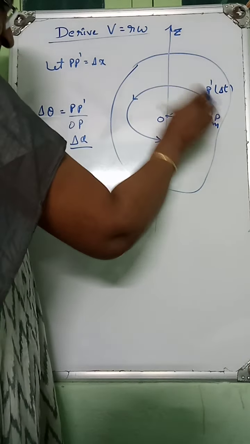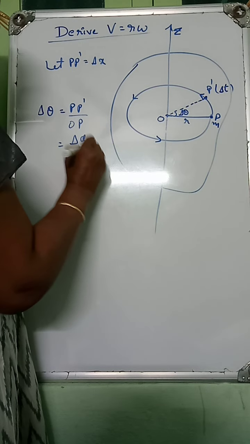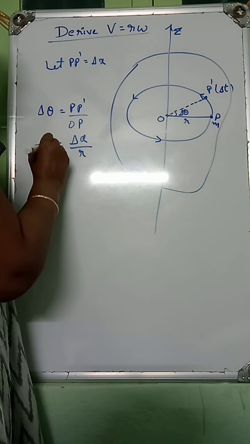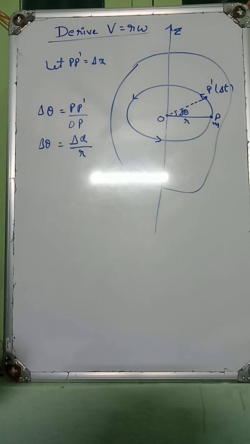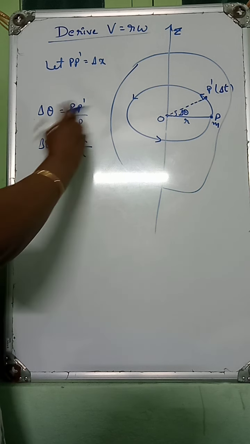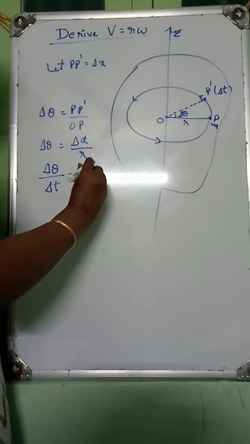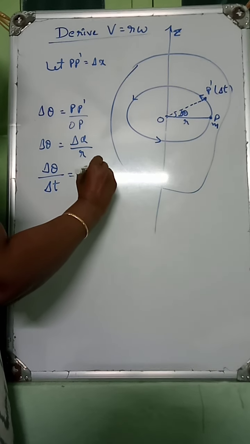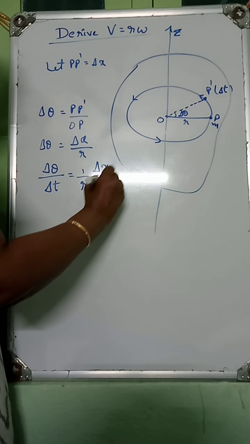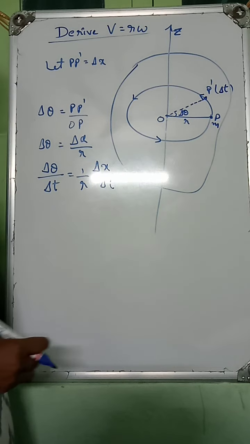The radius of the circular path, that is r. So delta theta is delta x by r. Now differentiate both sides with respect to time. You can write delta theta by delta t is equal to 1 by r into delta x by delta t.